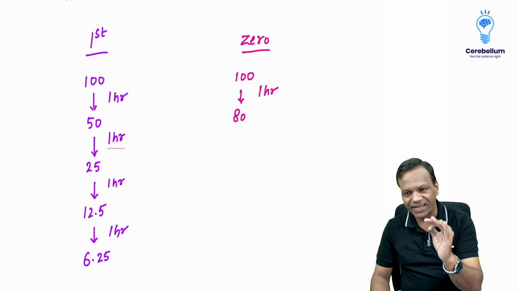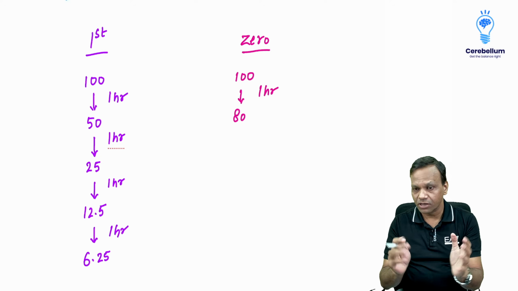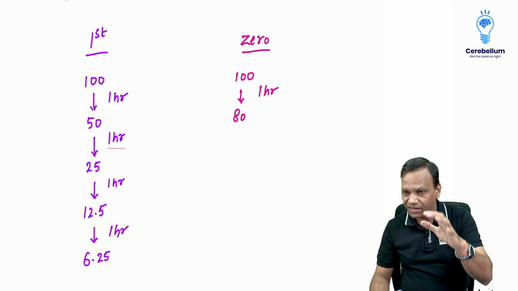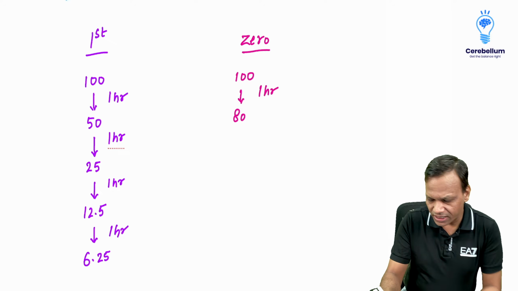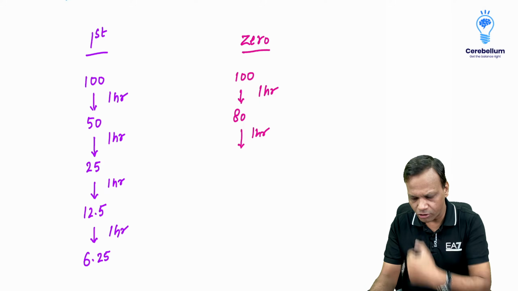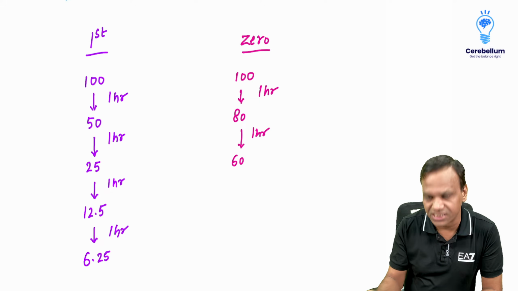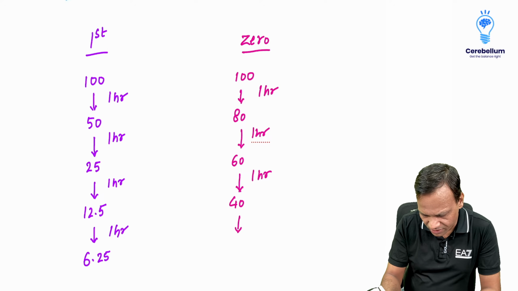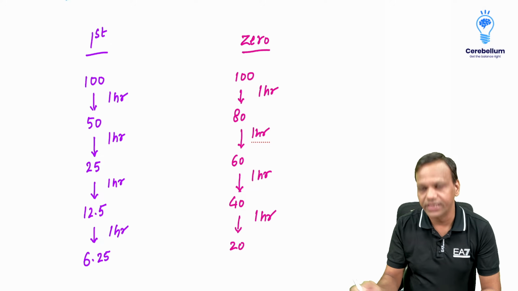It is 20, not 20%, because it is zero order. Had it been first order, we would say 20%, but now we say 20. In the next hour, how much will remain? 20 will also be eliminated, so the remaining will be 60. Next hour also 20 will be eliminated, so it will be 40. Next hour also 20, so it will be 20.